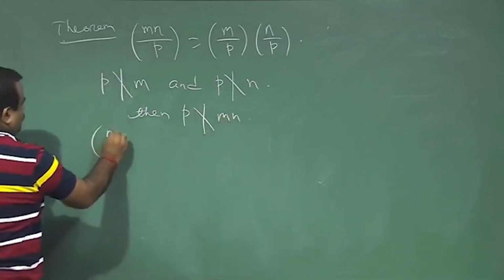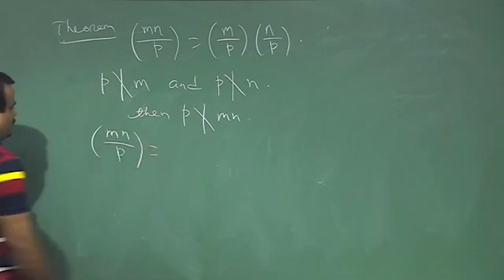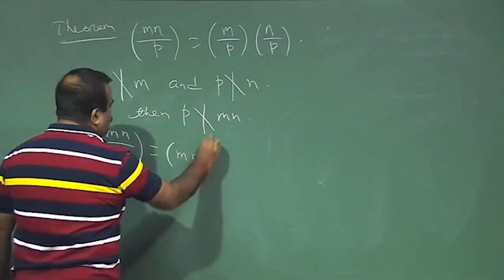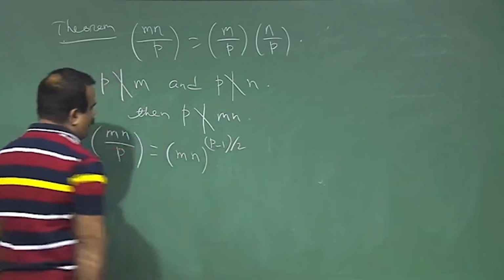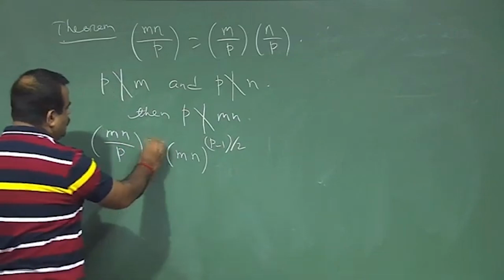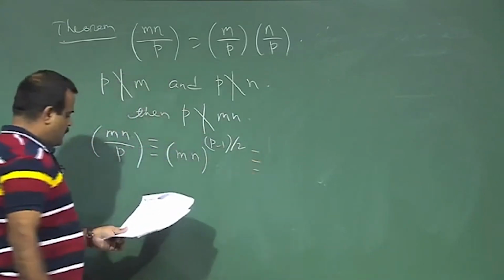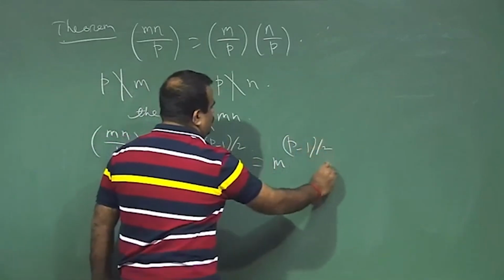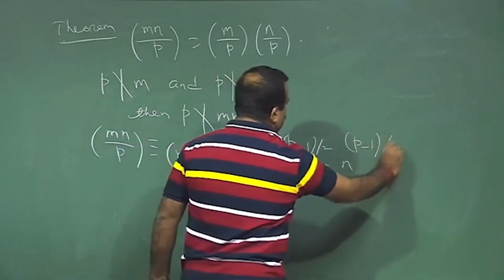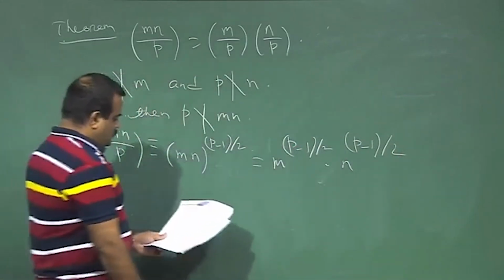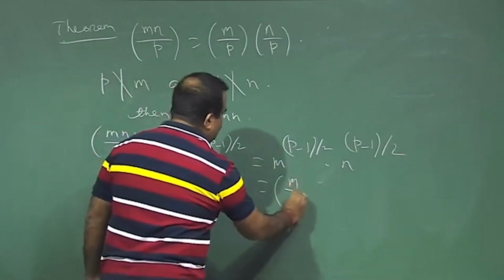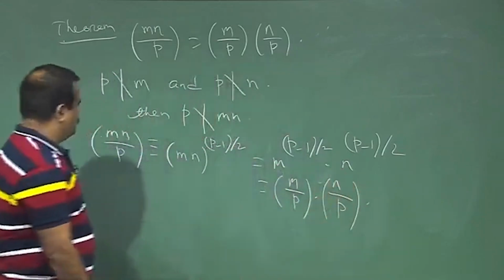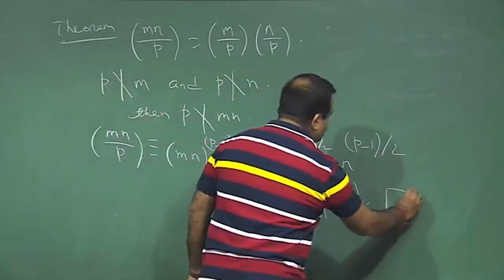In this case mn by P is, using the earlier theorem, Euler's theorem, mn to the power (P minus 1) by 2 mod P. This is basically m to the power (P minus 1) by 2 into n to the power (P minus 1) by 2, which is m by P into n by P. So, this proves this theorem.